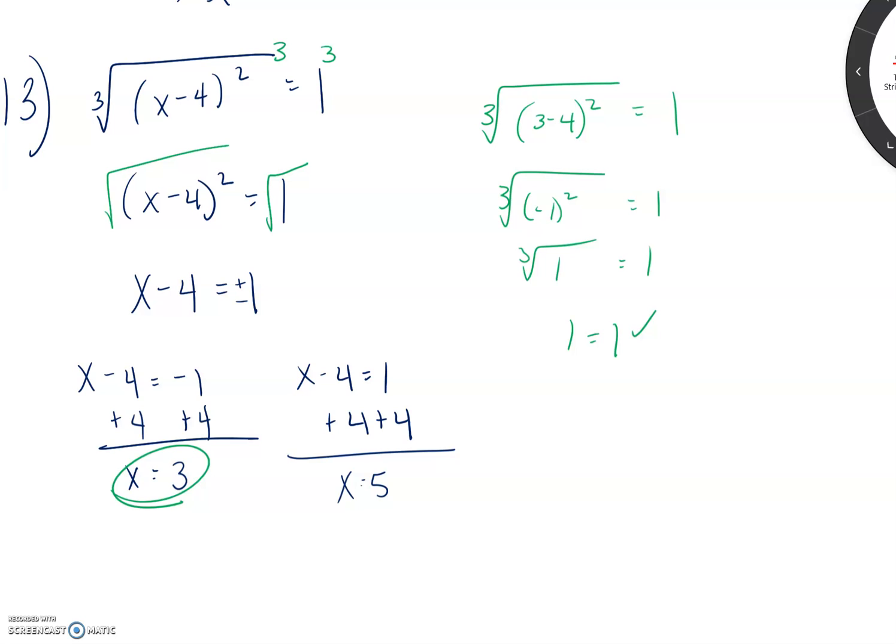Let's see if 5 works. 5 minus 4 is 1. 1 squared is 1. I'm sure you could have figured this out without showing every single step, but both solutions work.